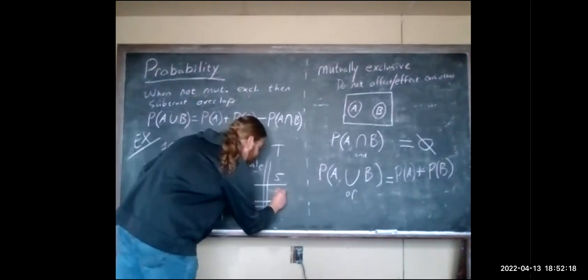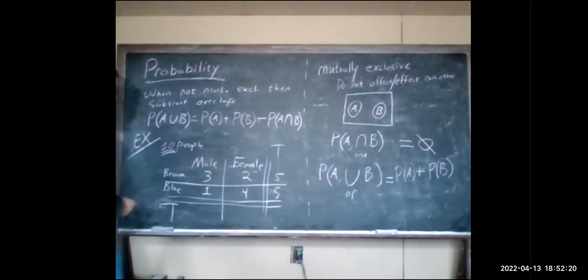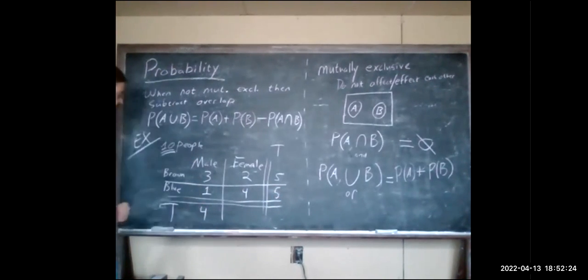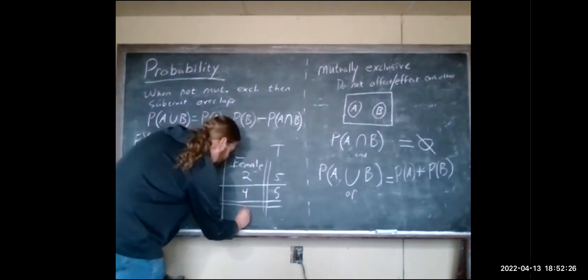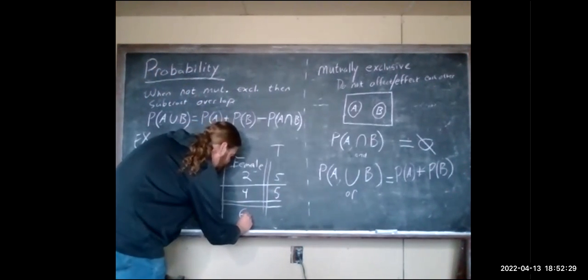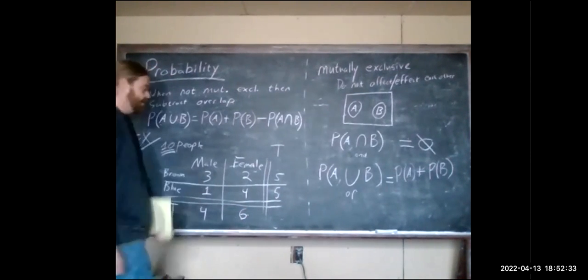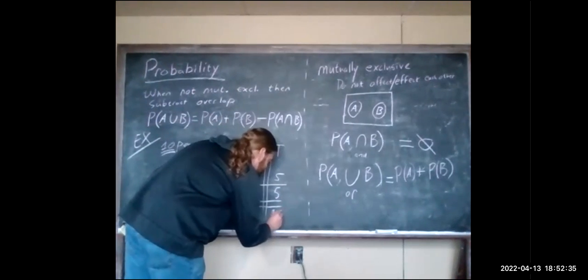We can give this a total of 5 people with blue eyes. So 3 plus 1, we counted 4 men and 6 women in our sample, and you can see both our total row and total column add up to the same number.